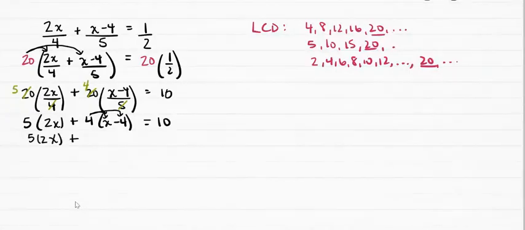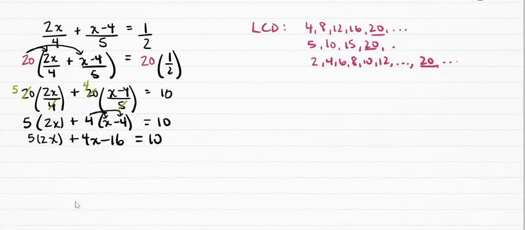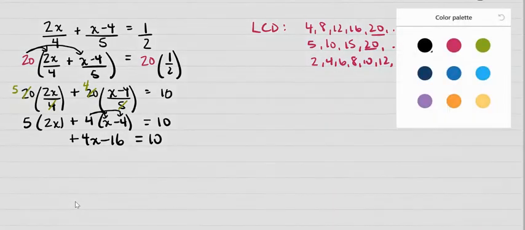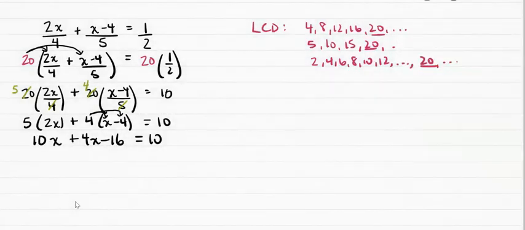So that gives 4x and minus 16. And we can also simplify this 5 times 2x term here, which gives us 10x. Okay, collecting like terms, 10x plus 4x gives 14x.